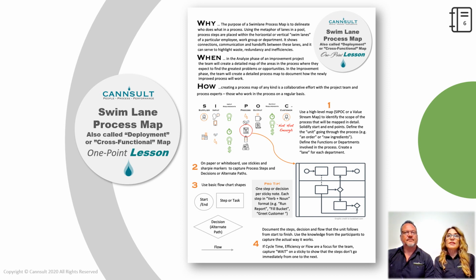The other type of detailed map that we covered is the swim lane map. It's got a few unique characteristics, so it gets its own 1-point lesson. The swim lane map is great when multiple departments or functions are involved, and especially if we want to see handoffs and gaps or problems between steps.